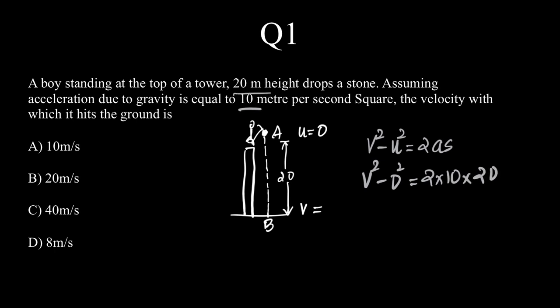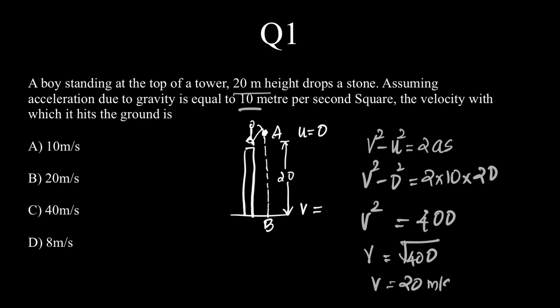So v square is equal to 2 into 10 into 20, which is 400, so v is root of 400 and v is therefore 20 meter per second, which makes the correct option as option B, 20 meter per second.